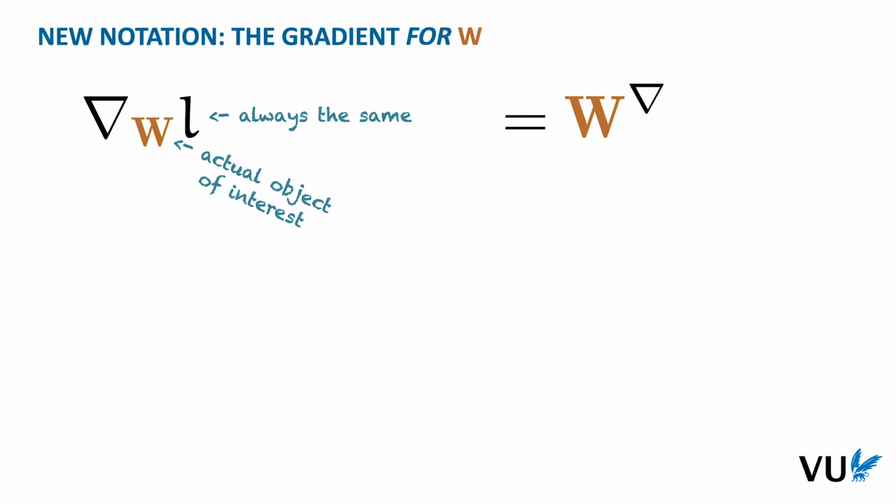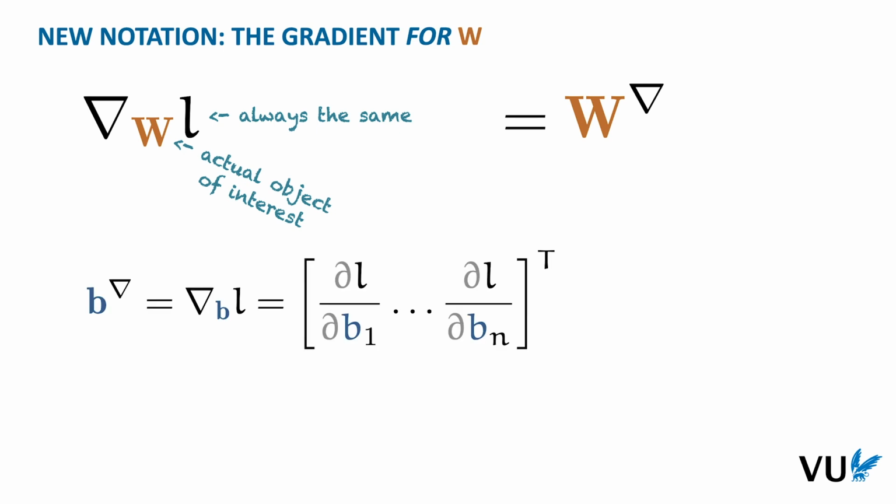We take the actual object of interest, put it front and center, and we add the nabla as a kind of operator, something like a transpose or an inverse operator, and we throw away the L, because we know the derivative is always with respect to L. So this is how we will write what we call the gradient for W, which is actually the gradient of the loss with respect to W. And the same notation holds for vectors or for scalars.